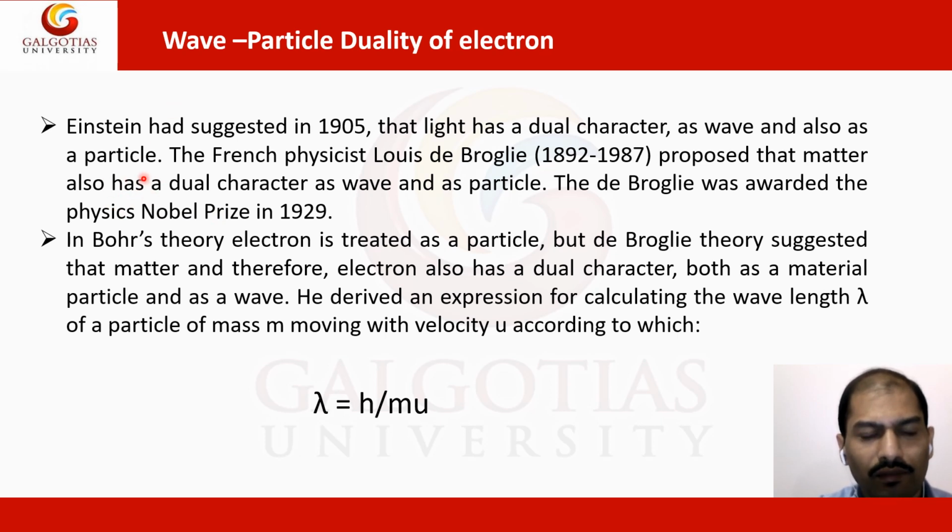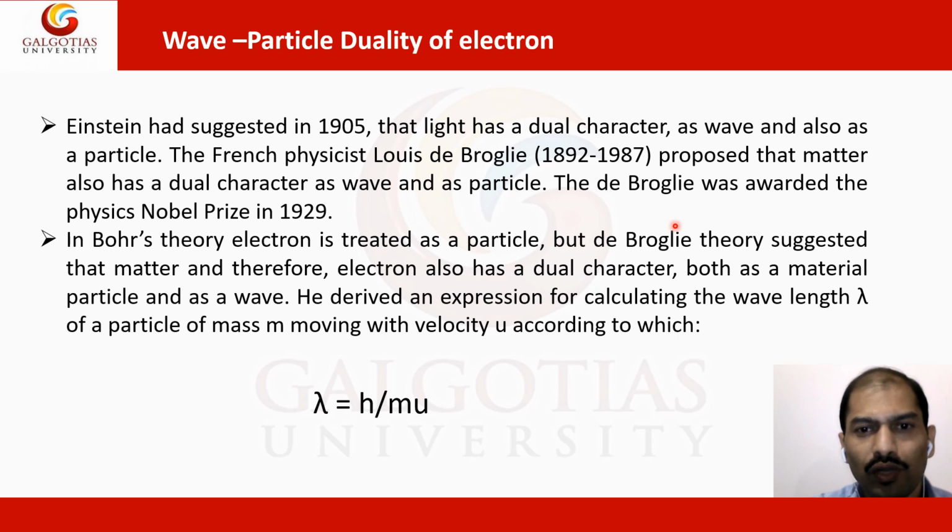As we have already seen from the earlier philosophers and scientists, they did a number of different experiments which relate to the wave-like as well as the particle nature of light. The French physicist Louis de Broglie, in 1892 or 1987, proposed that matter also has a dual character, as a wave and as a particle.